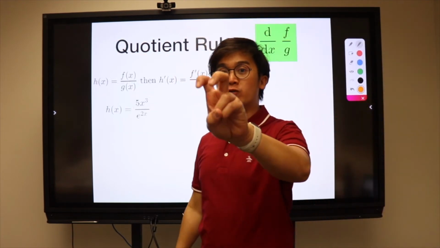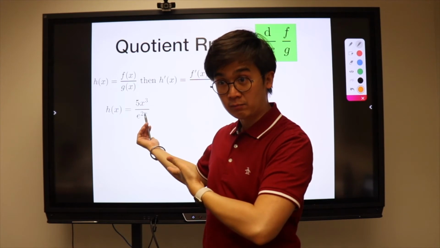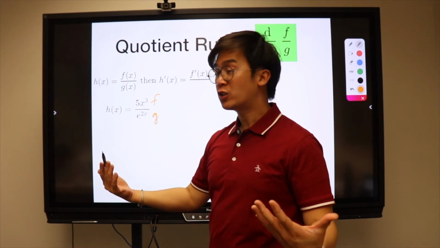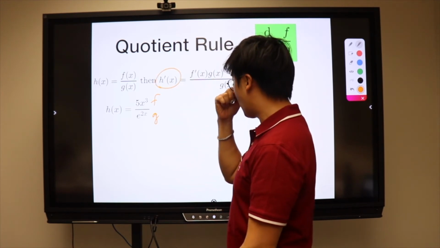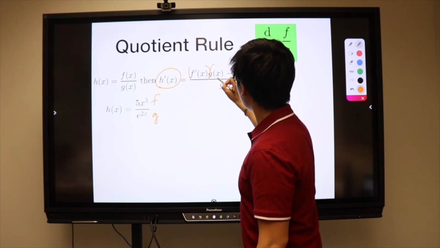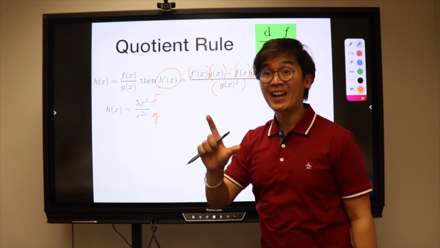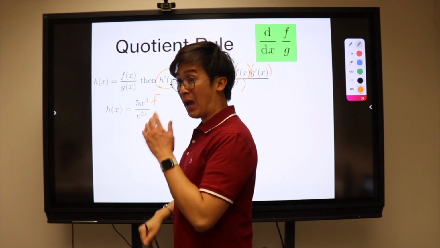You need to have two functions, f and g. F and g will be obvious, right? This is f and this is g. Now to find the derivative of h of x, you need this and this in that order. So you have your f, you have your g.